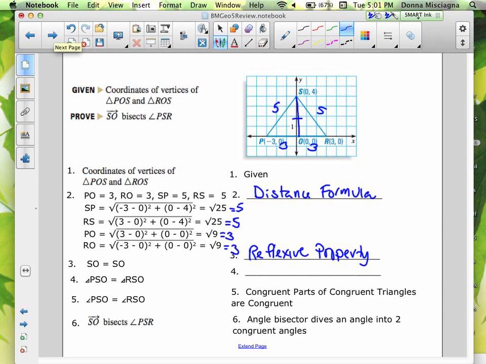Right? I'll just kind of put that over here. So PO is congruent to RO. PS is congruent to RS. Those segments have the same measure. And then SO is congruent to itself. We know that 3 sides in one triangle are congruent to 3 sides in another triangle. That would be the side, side, side triangle congruence postulate.